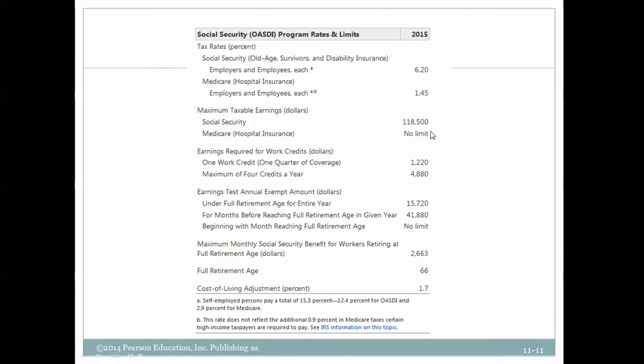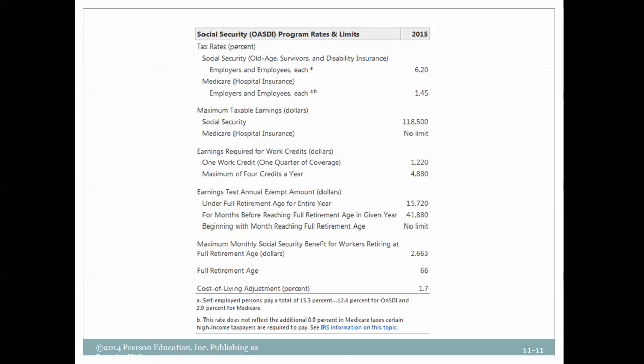Medicare has no limits. Now, if you are hoping to collect Social Security, you do have to work a certain number of years and earn a certain number of credits, and you should look into that. I strongly encourage any of you to go to ssa.gov, the Social Security Administration.gov, and look up your Social Security account.